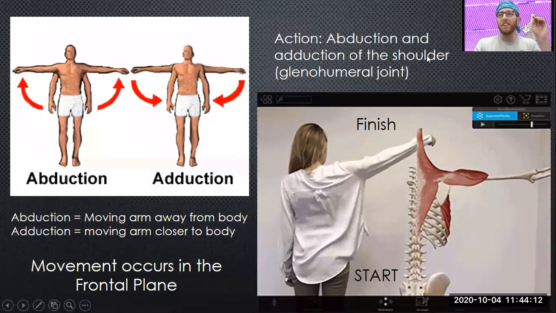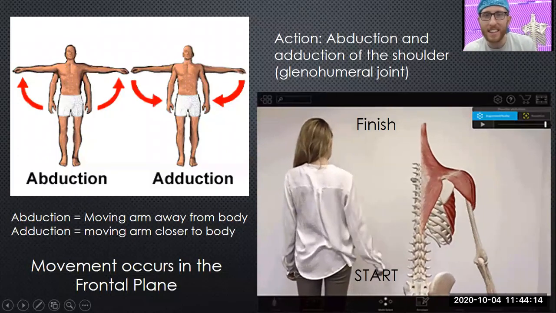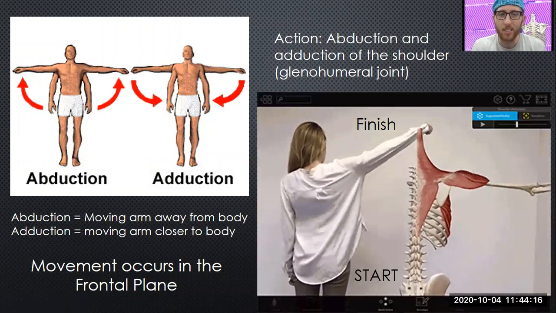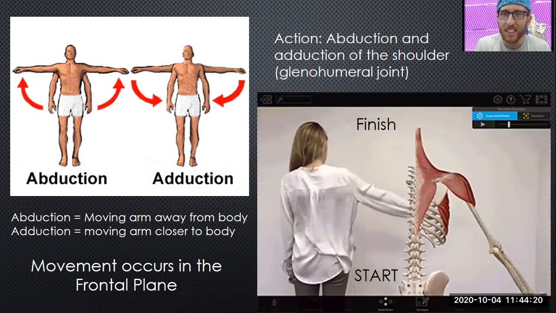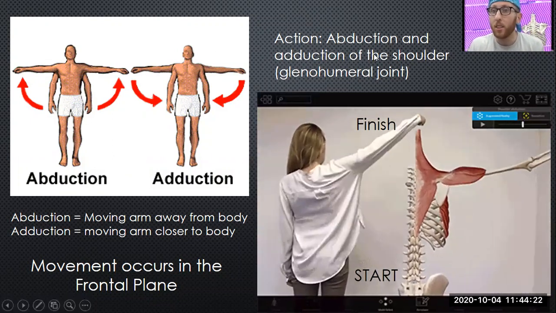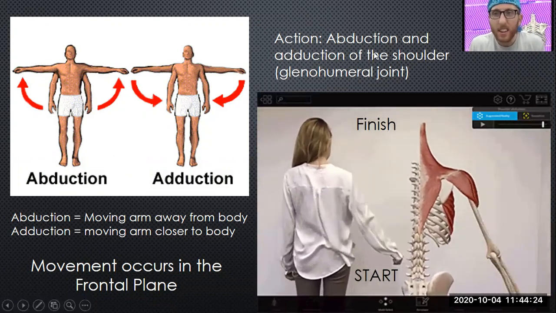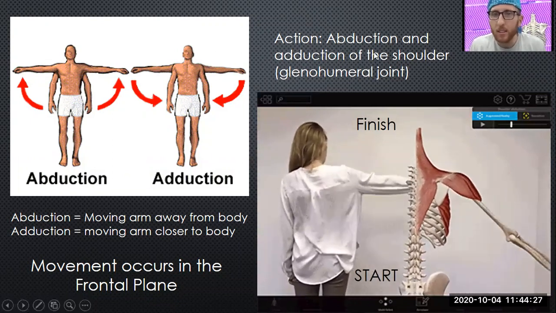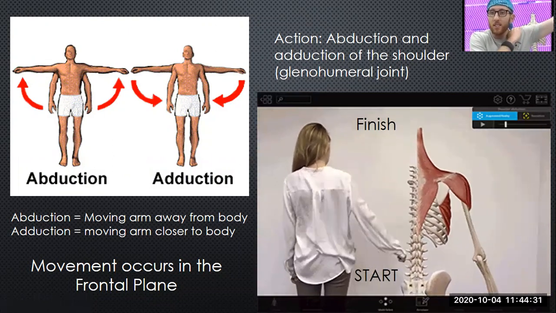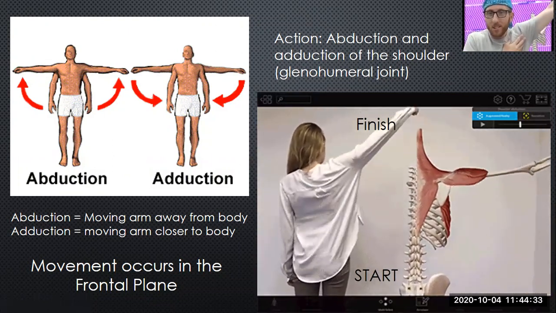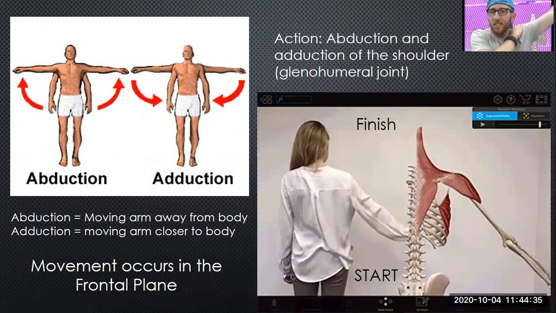Next 2 up is abduction and adduction. Abduction or adduction of the shoulder, or you could say the hip as well, are the main 2 locations that this occurs. Abduction would be raising your arm up. Go ahead and try this, just like that video is showing.